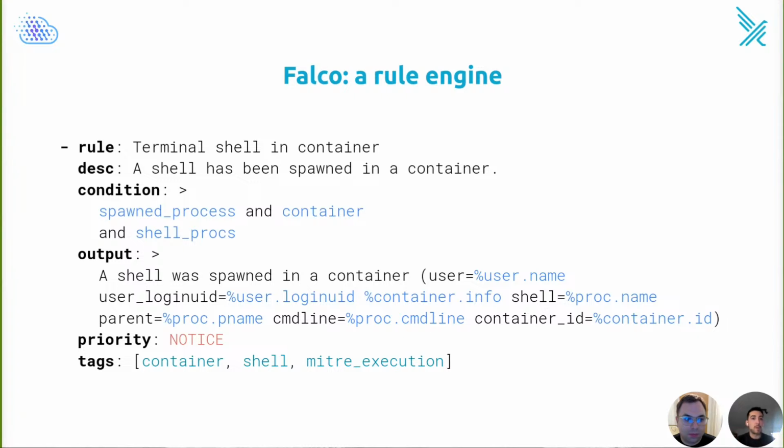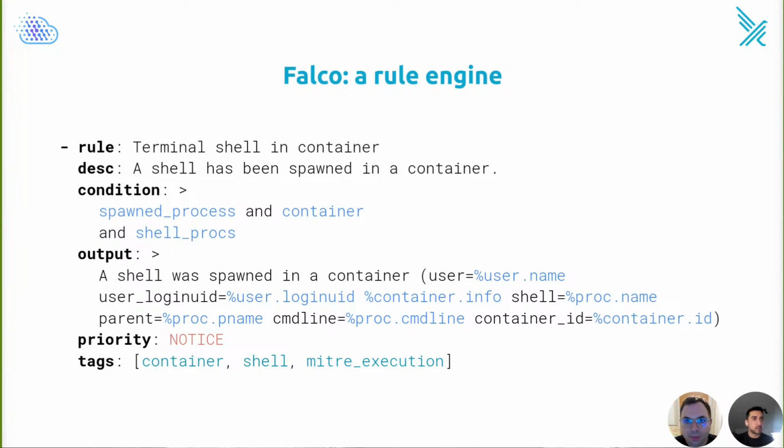Even if you're not familiar with Falco, it's easy to understand: user.name means the name of the user. Container info is all the info like the labels and tags of the container. proc.name is the name of the process, proc.pname the name of the parent of the process. It's pretty straightforward.